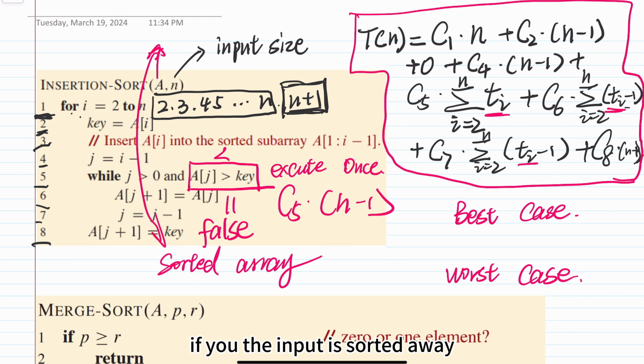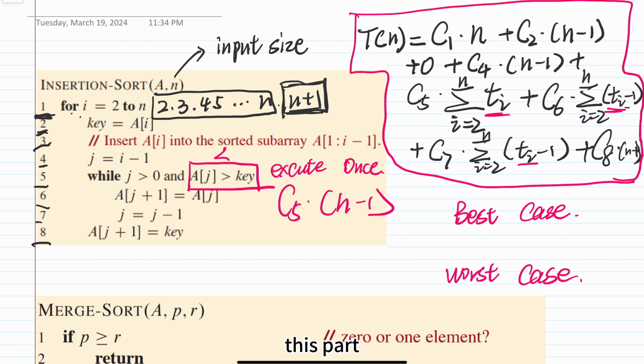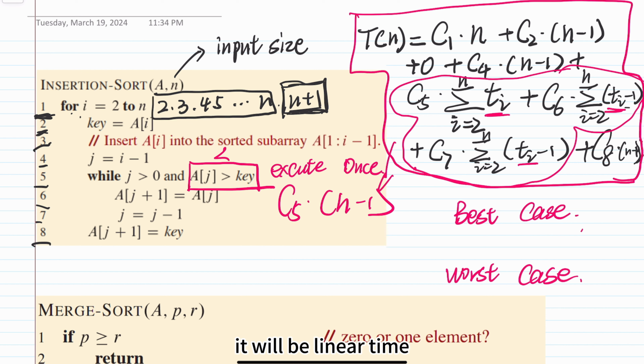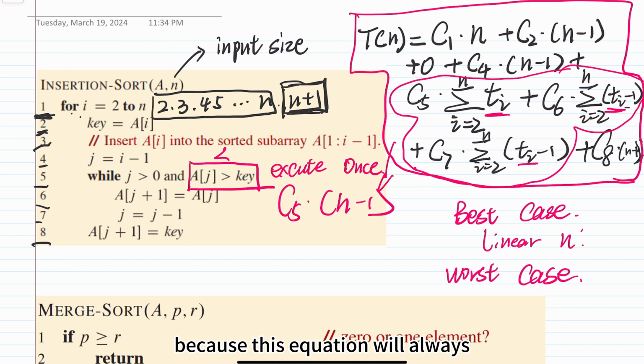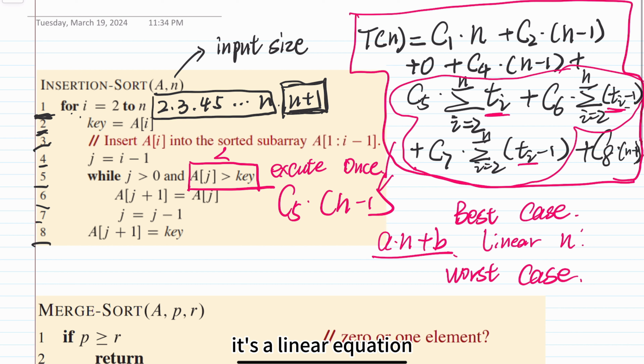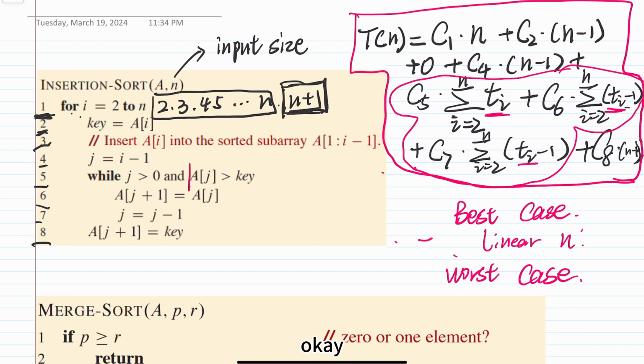If the input is a sorted array, it will be the best case. And the runtime, replacing this part with this equation, will be linear time, because this equation will always reduce to a times n plus b. It's a linear equation.